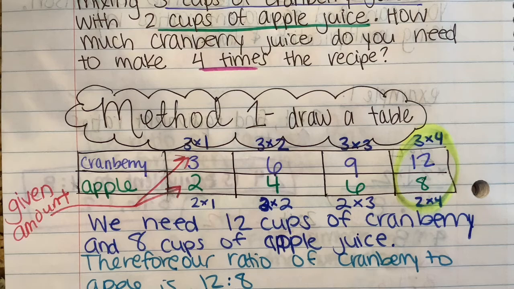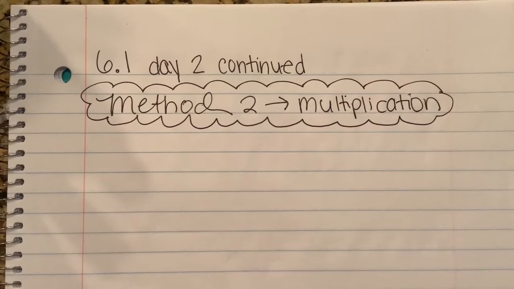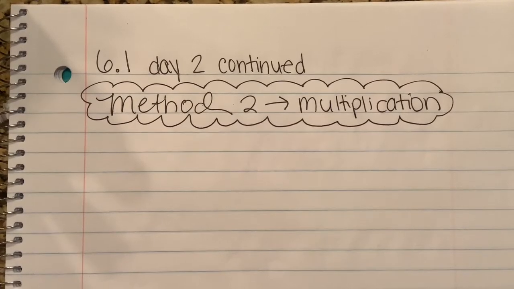Next, we're going to look at method number 2, which is multiplication. Alrighty, so this is the multiplication method. We're still going to use our same problem dealing with cranberry and apple, okay? So let's take a look at our cranberry and apple from our previous chart.